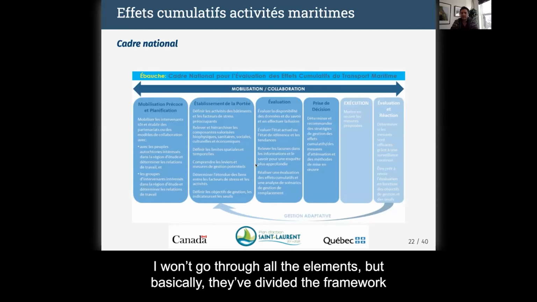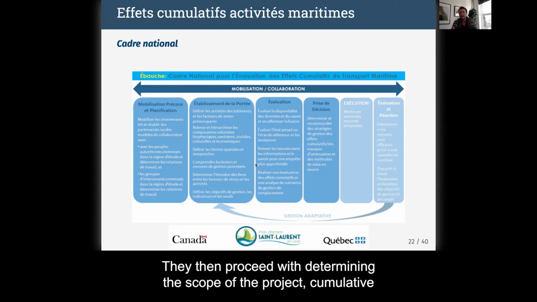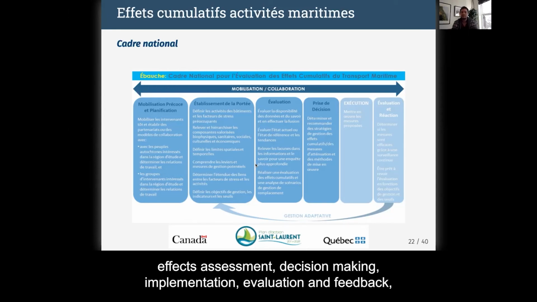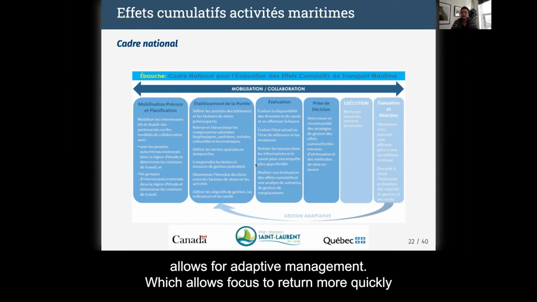Je ne passerai pas à travers tous les éléments, mais essentiellement, ils ont divisé le cadre en 6 étapes différentes, qui commencent par de la mobilisation et de la planification, passent ensuite à l'établissement de la portée du projet, l'évaluation d'effets cumulatifs, la prise de décision, l'exécution, et l'évaluation et les réactions, donc le processus de consultation à la fin, qui permet de mettre en place une gestion adaptative et de revenir plus tôt dans le projet.